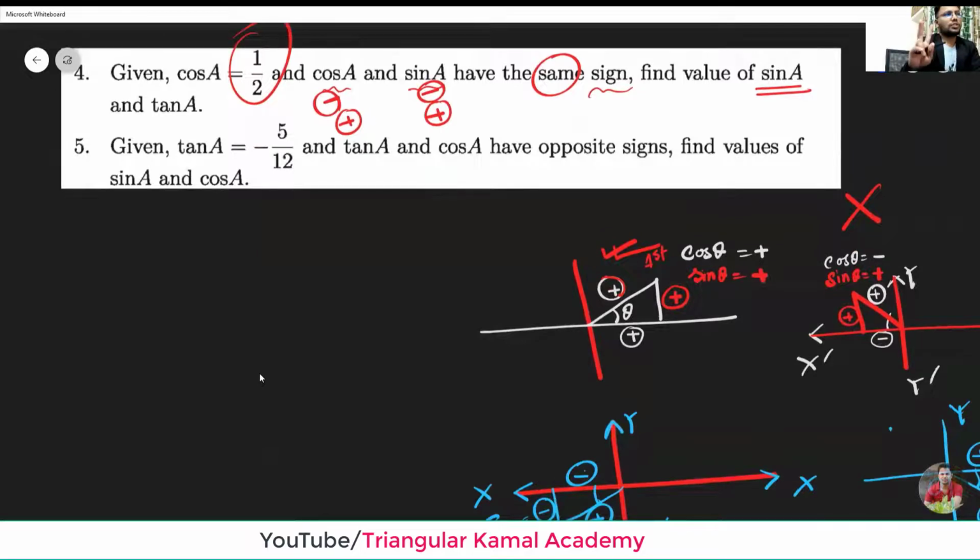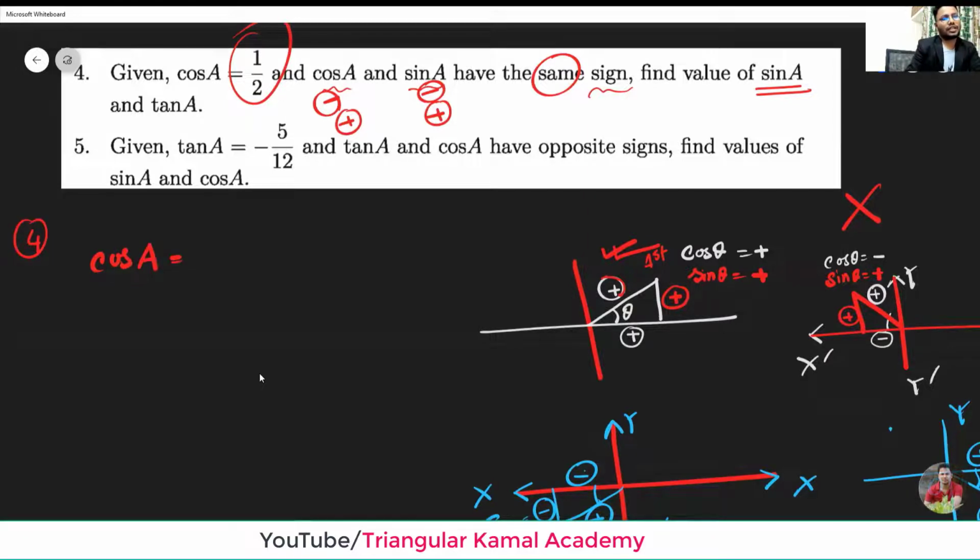There are two conditions together at a time. Cos is positive, and cos and sine have the same sign. That means if cos is positive, sine must be positive. So now, question number 4, cos A or cos theta.